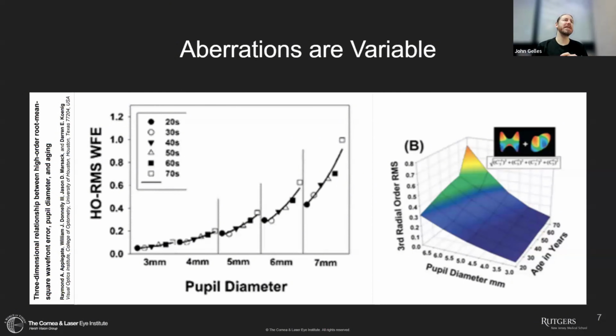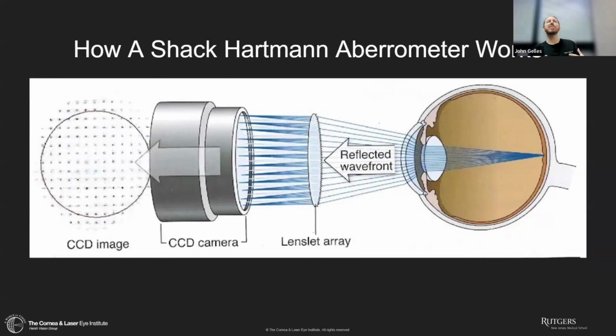What we can see here is that as we're getting a smaller and smaller pupil, we're getting more and more of a pinhole effect. As we're getting a larger and larger pupil, we're getting more spreading of light coming from those peripheral corneal rays, right?